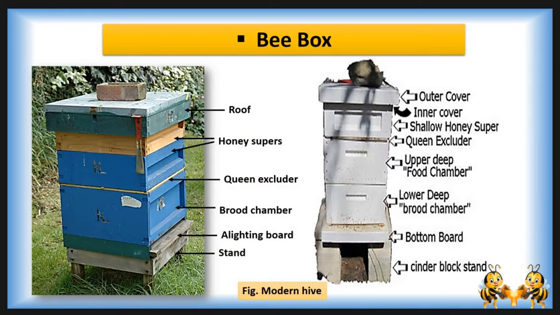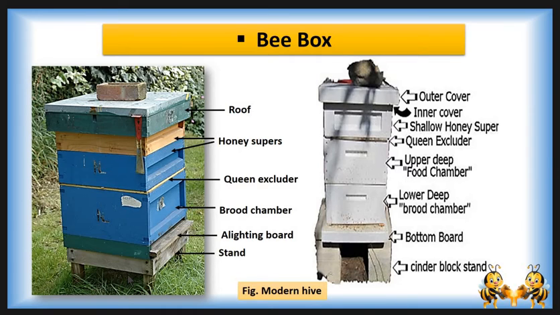It consists of different parts such as stand with ant walls, bottom or alighting board, then brood chamber, the brood chamber having brood frame, then queen excluder, then super or honey chamber having a super frame, and roof or the top cover.